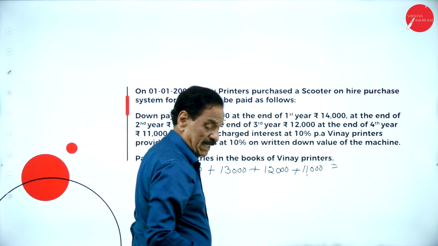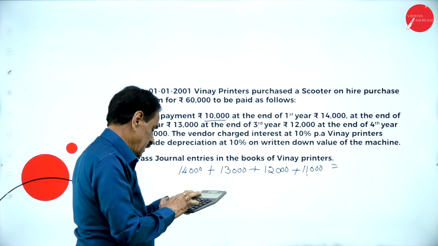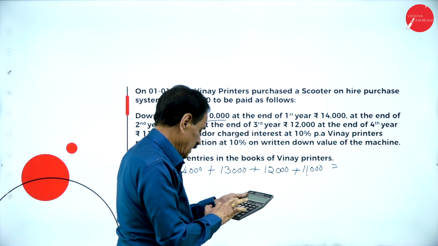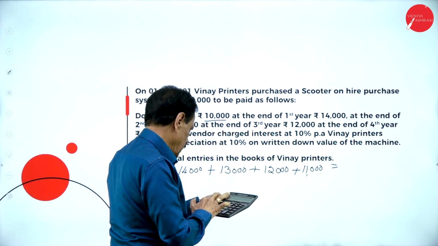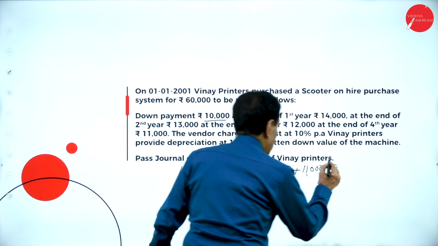If you add all these, first year 14,000 plus 13,000 plus 12,000 plus 11,000, so 50,000 he paid in installments.